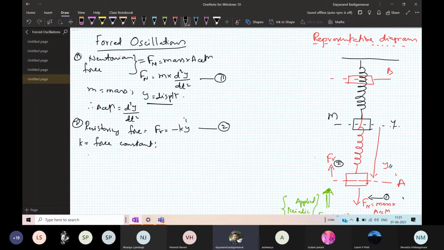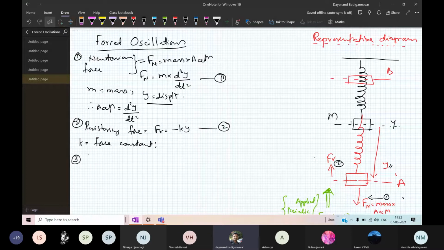Next one is the damping force. Keep in mind, damping force is also there. Why is there damping? Because as I told you, after some time it is going to die. It dies because of some damping: there is an air medium, some friction, some physical opposition.